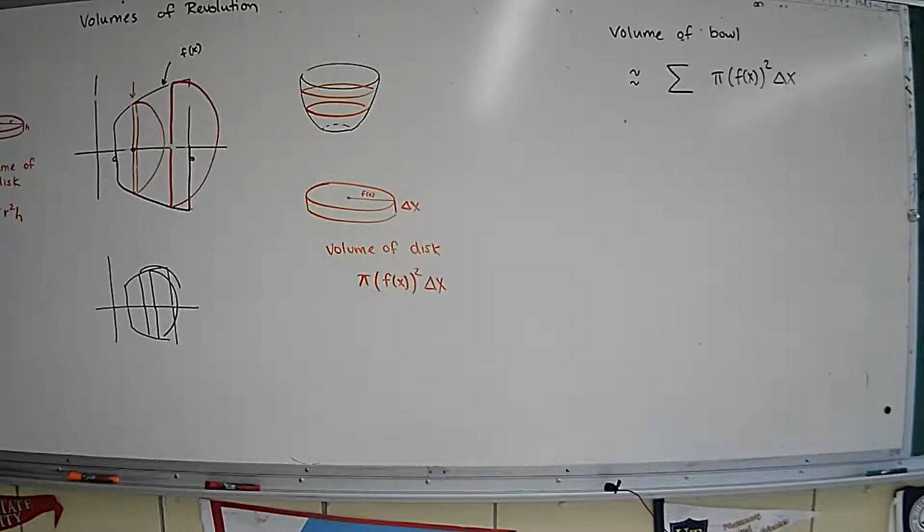Like, what's a way that I could make there be an infinite number of disks that are infinitely thin? What needs to happen? Integration. Well, before integration happens, what causes the integration? What do I need to make really, really small in order for there to be an infinite number of really, really thin disks?